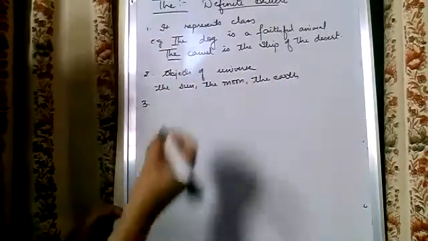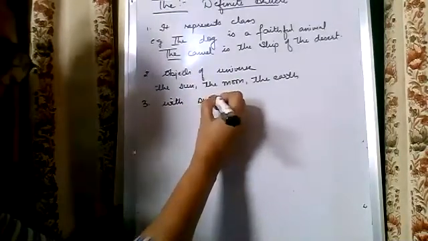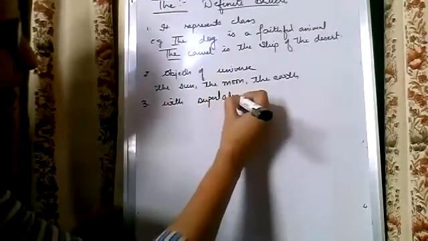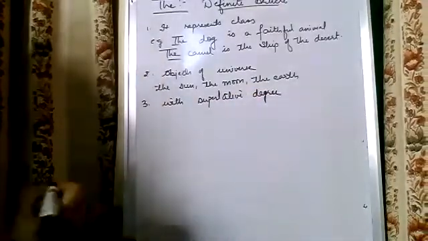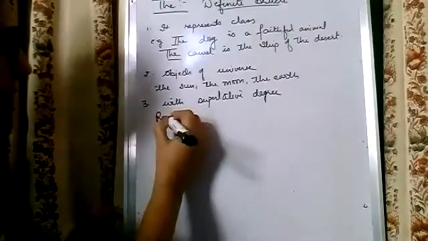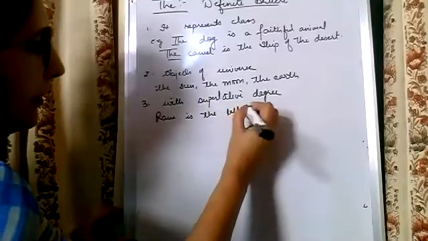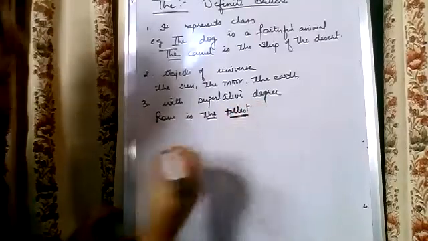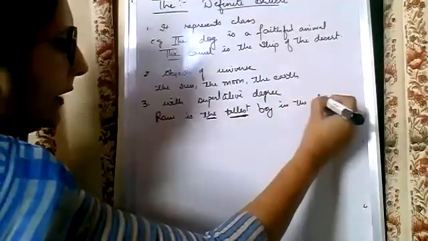Next, with the superlative degree we also use the. For example, she is the most intelligent in the class. Ram is the tallest boy in the class. So this is the superlative degree.